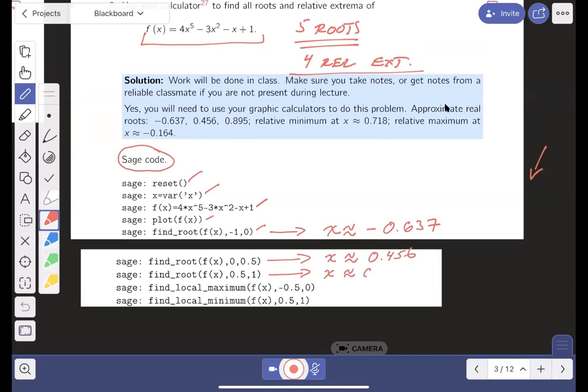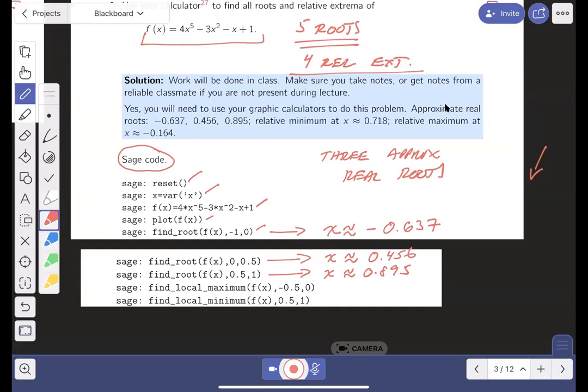And what is going to be 0.895. So what I'm going to claim over here is that we found 3 approximate real roots.